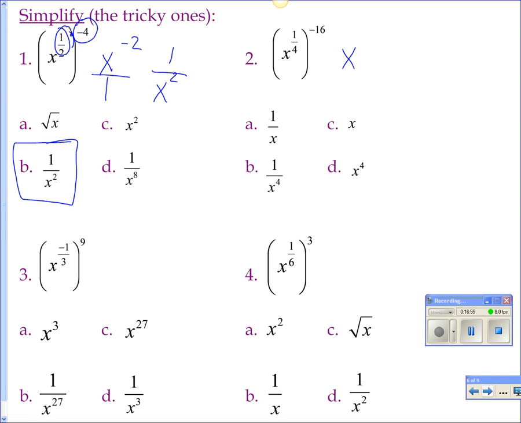So you get -4. Jack, is that my final answer? What do I have to do with it? Put it after a 1. So that one is B as well. Okay.